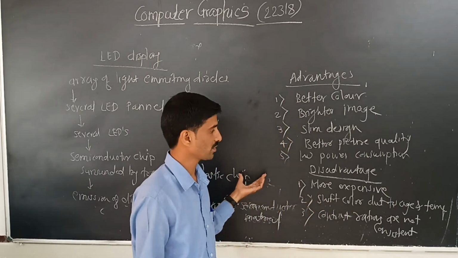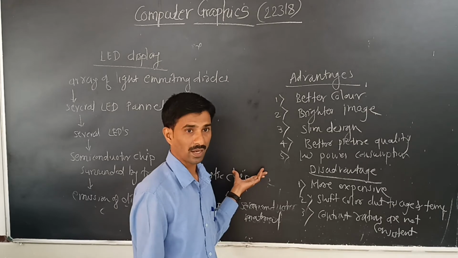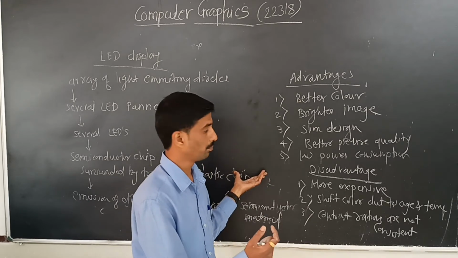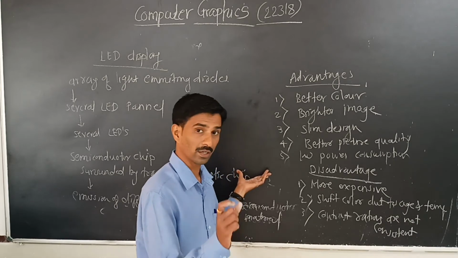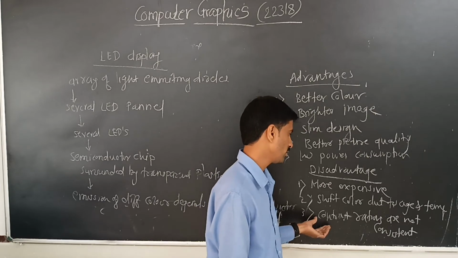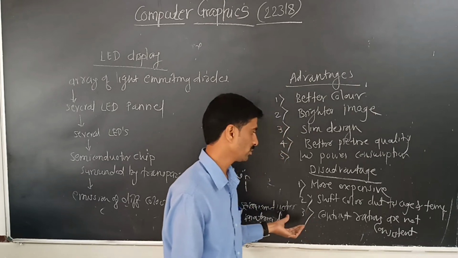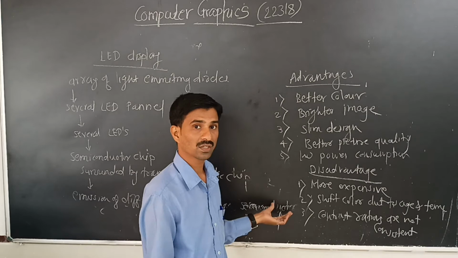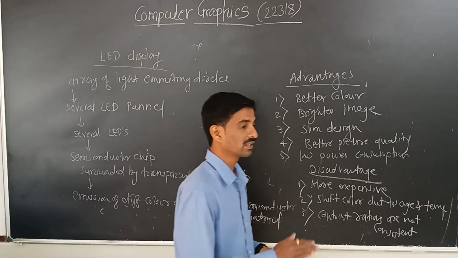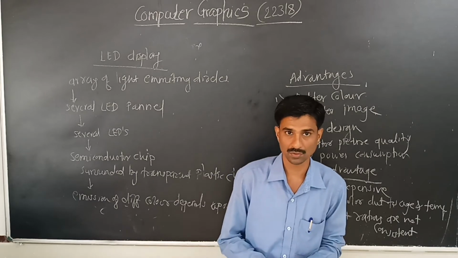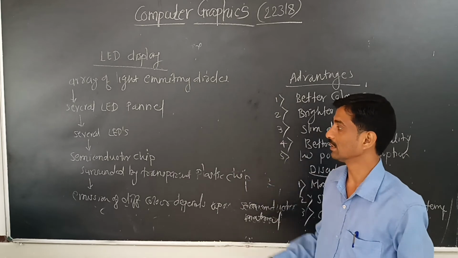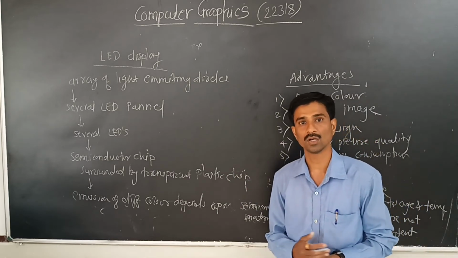When the temperature changes, it affects the quality or the color of the picture. Then the contrast ratios are not consistent. Whatever contrast we obtain in these devices may vary. Okay, so these are some advantages and disadvantages of LED, that is light emitting diode.